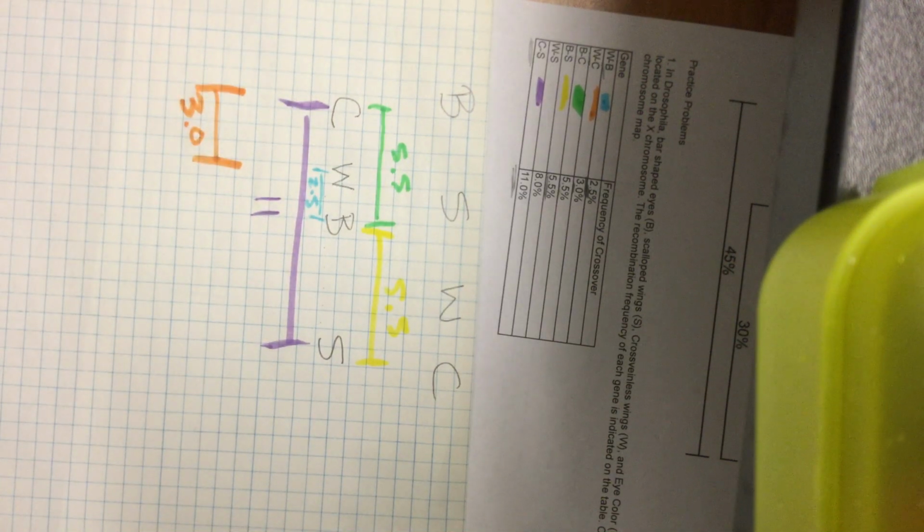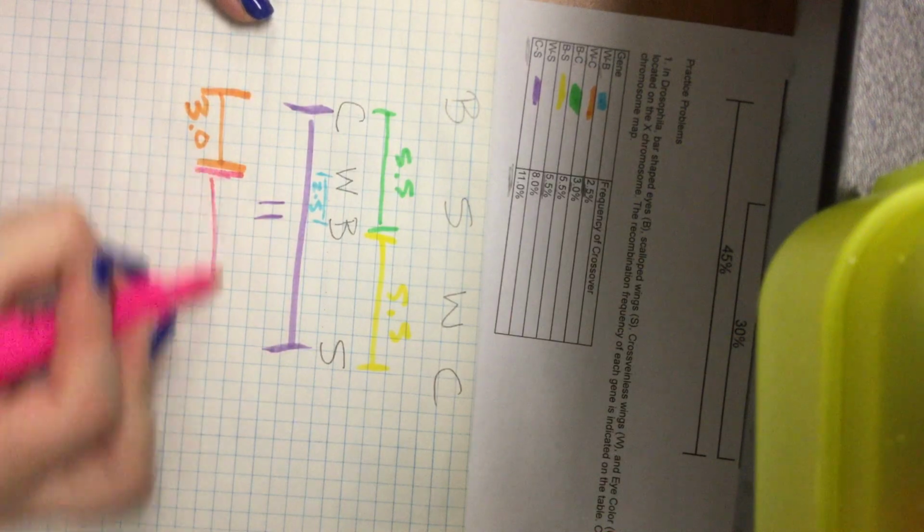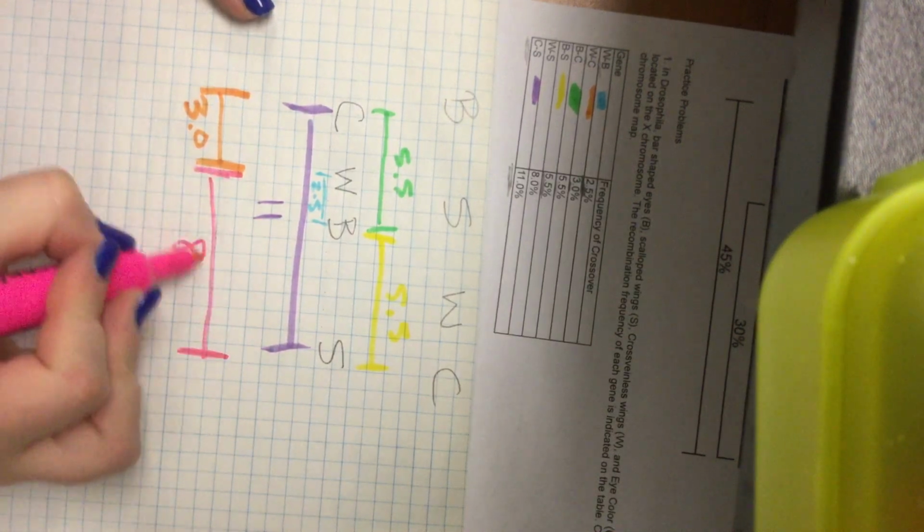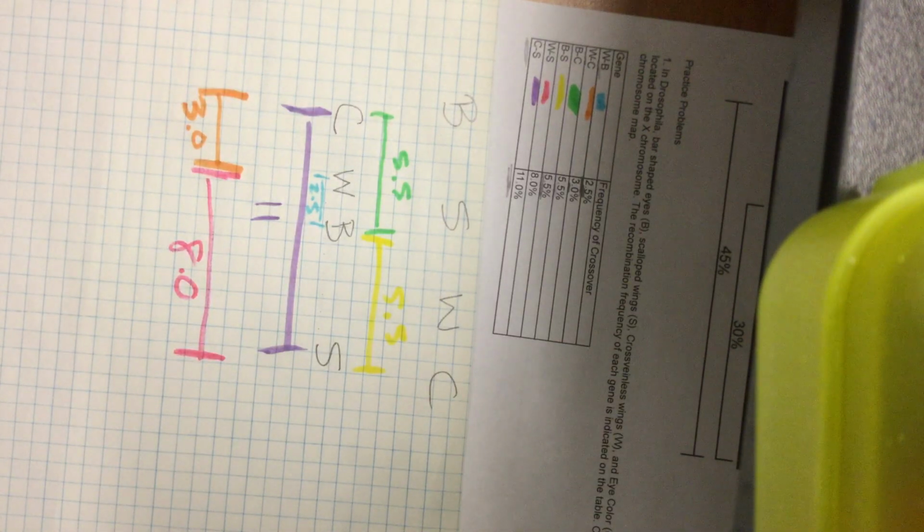And what's the distance between W and S? Between W and S would be about 8. So it is kind of guesstimation. It's not very specific, but you're trying to figure out what is the distance between each of these letters. Which letter is closer to which other letter?